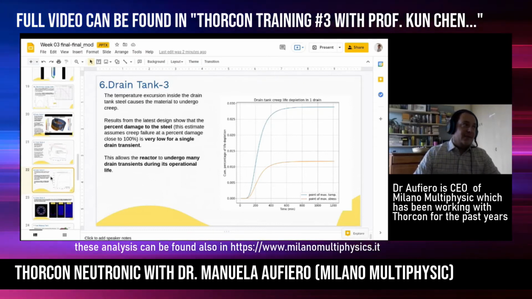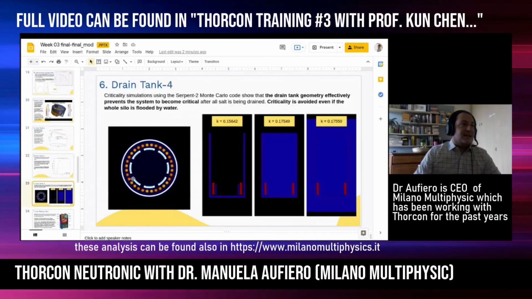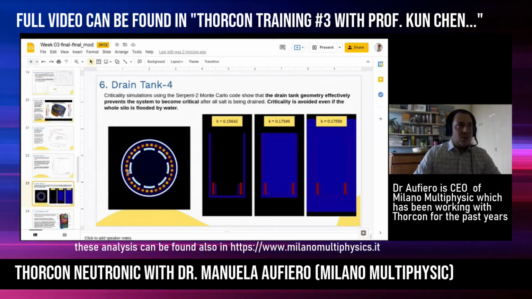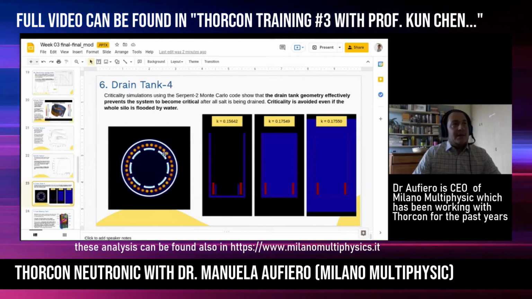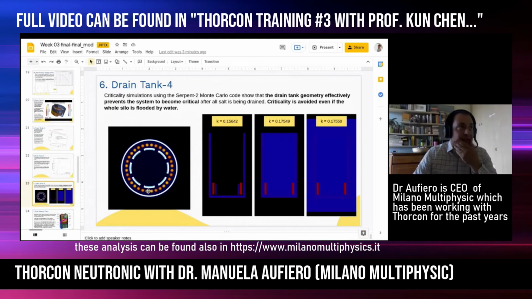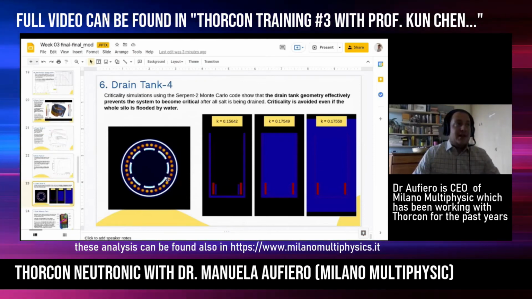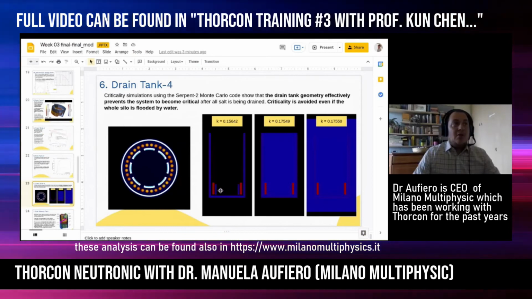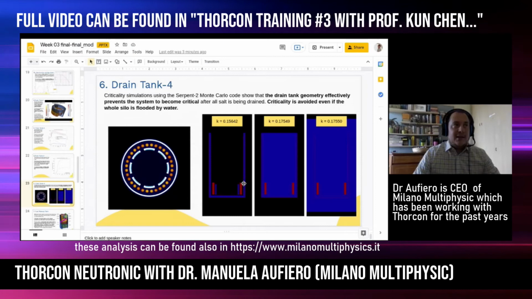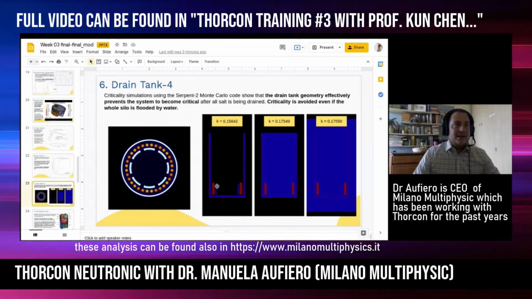This is a sketch view of the drain tanks, and one of the questions that has to be answered is the possibility of criticality of the drain tanks in case of a leakage that introduces accidentally water in the system.